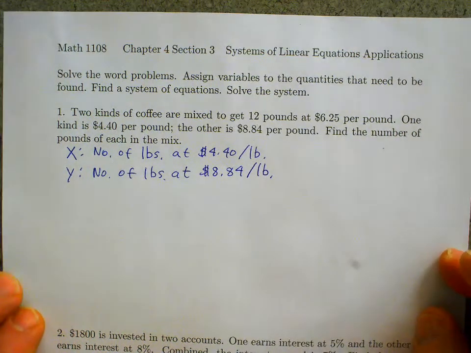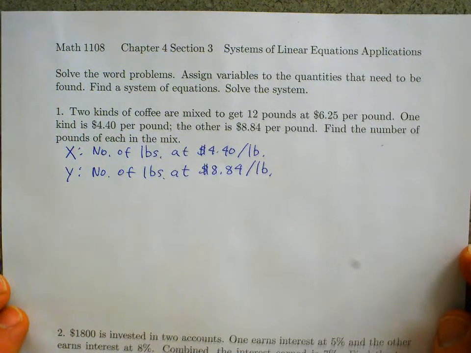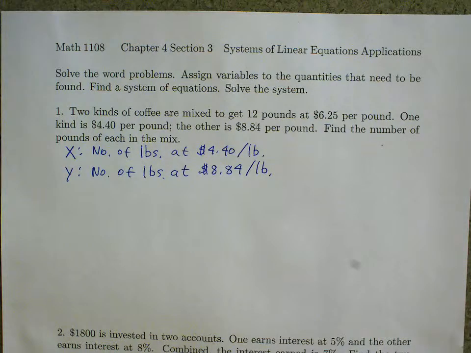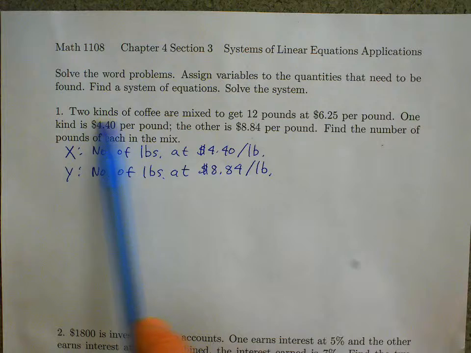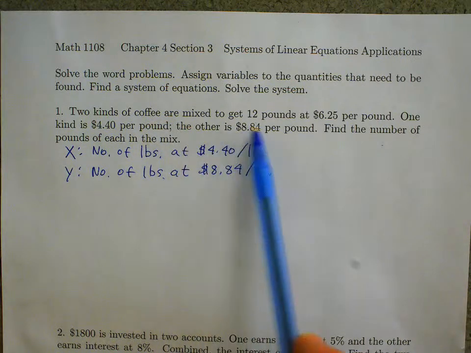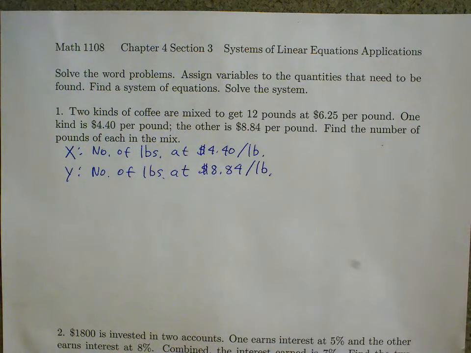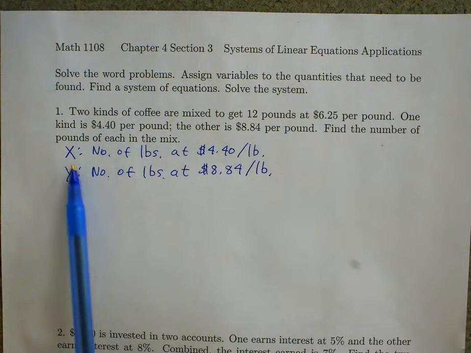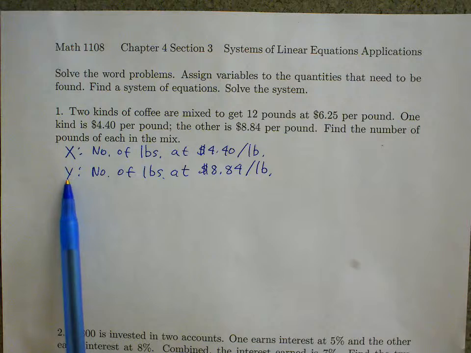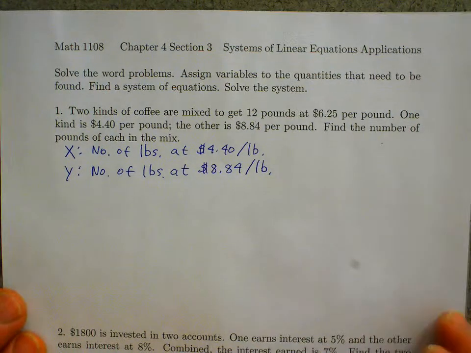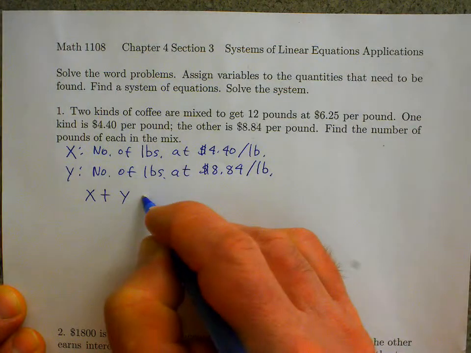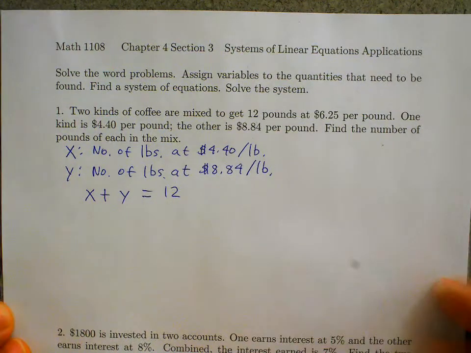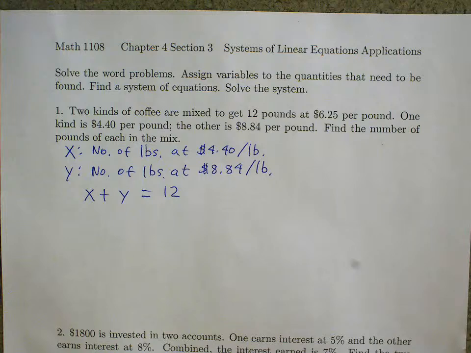Now we can write down two equations, one at a time. In the first part of the first sentence, it says two kinds of coffee are mixed to get 12 pounds. So our first equation can be X pounds plus Y pounds equals 12. That is our first equation in the system, the easier of the two.